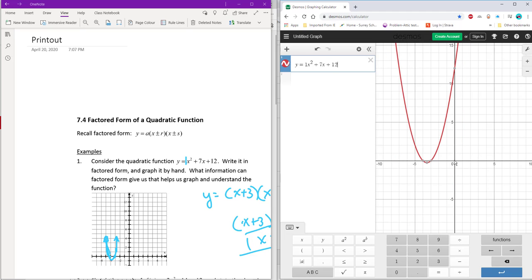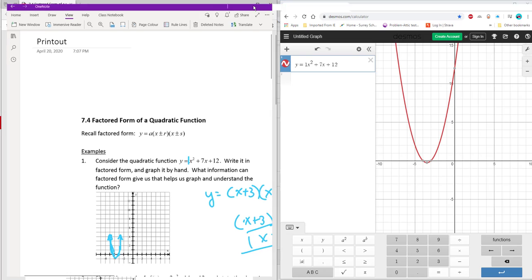Oh yeah, look at that. Look at how it crosses at negative 4 and negative 3. And we have a minimum here. You can see it's at negative 3.5, and my minimum is negative 0.25, sort of close to my drawing. Yes, Desmos will always be much, much better.